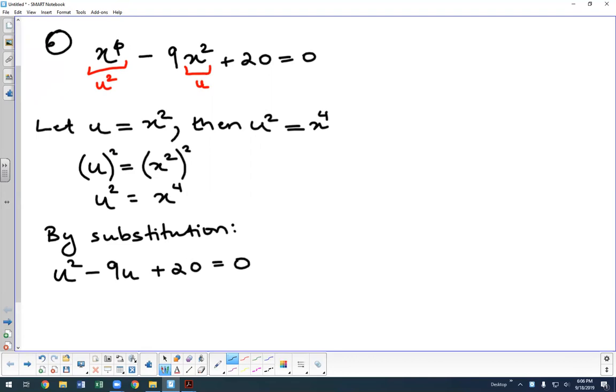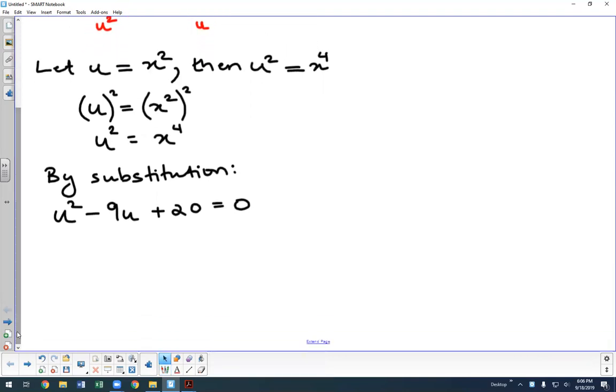So that's what I was saying. We went from a fourth degree polynomial to a second degree polynomial, or a quadratic equation. Any ideas on what we can do to solve this? You can try the quadratic formula, but this is actually simple enough.